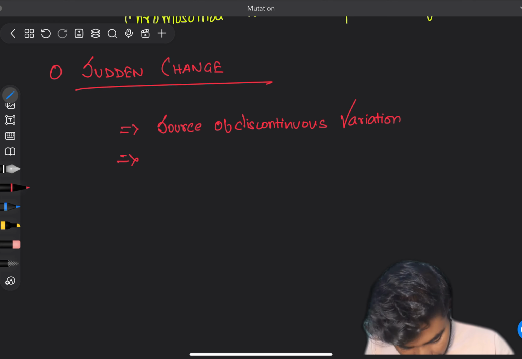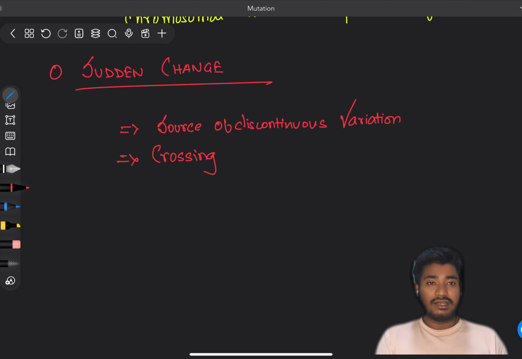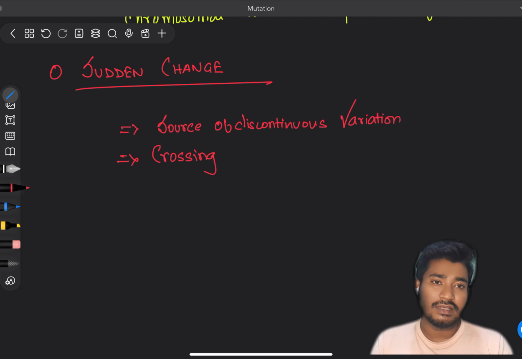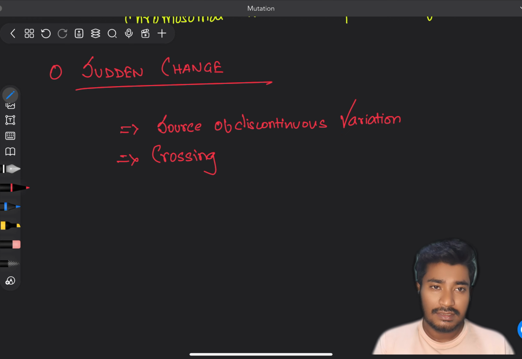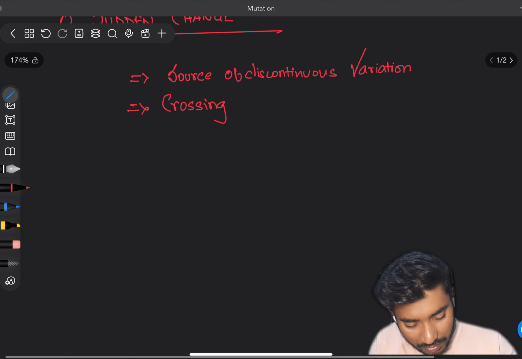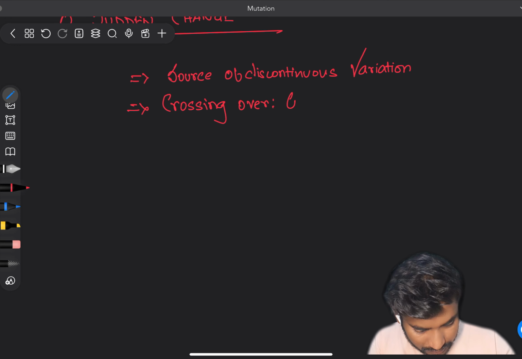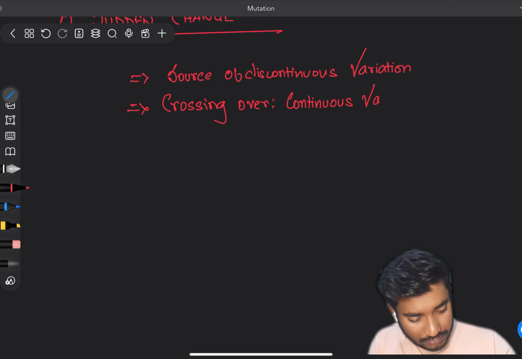Crossing over is a mechanism observed in prophase 1 of meiosis cell division, in the Pachytene stage. I will teach it in the cell division chapter. In crossing over, that is continuous variation.